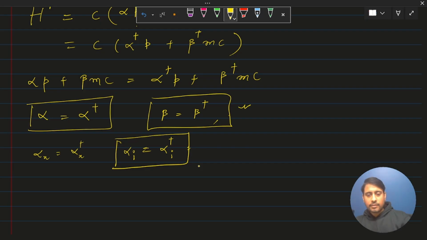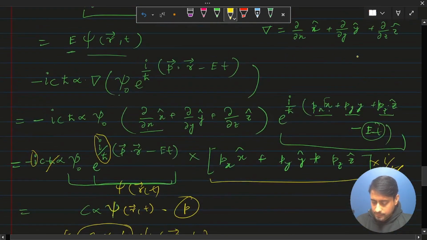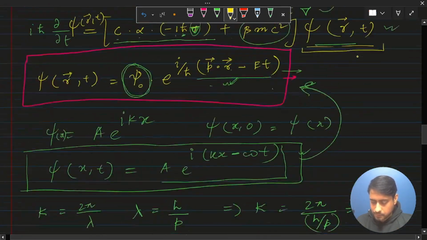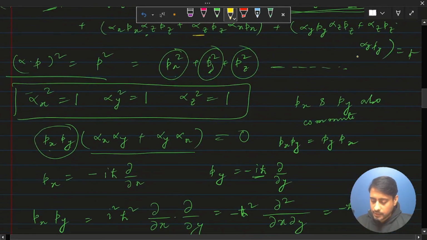Now we can move further by noticing one more thing. If you go back, do not remember everything, we have written one important result here.